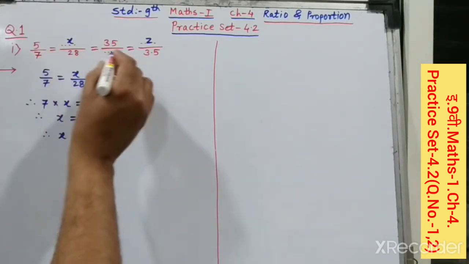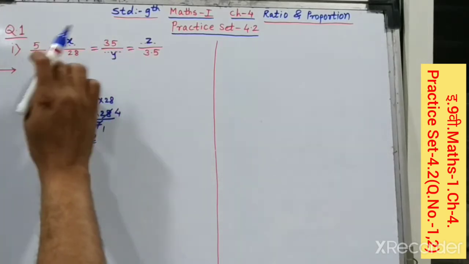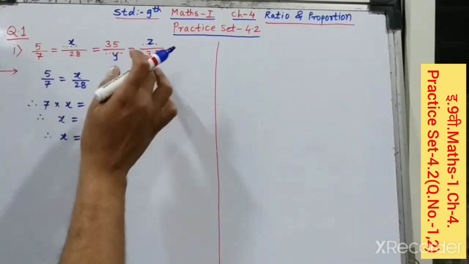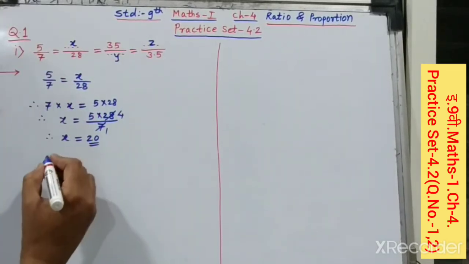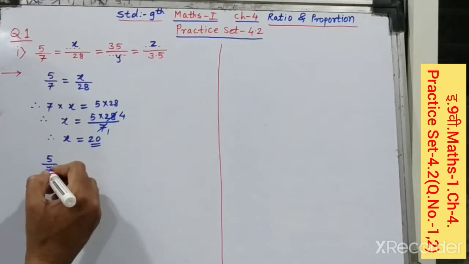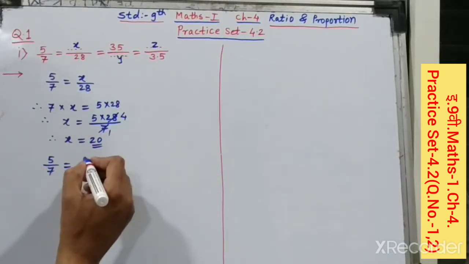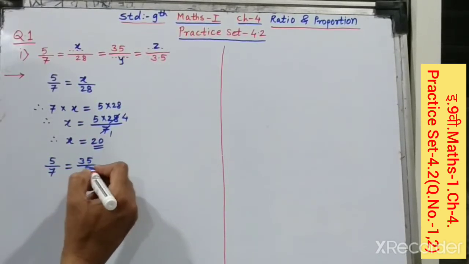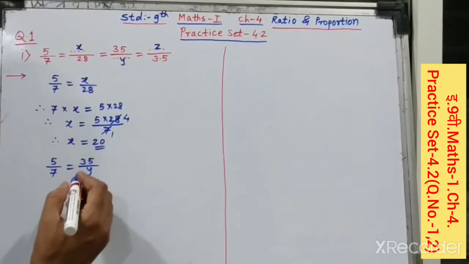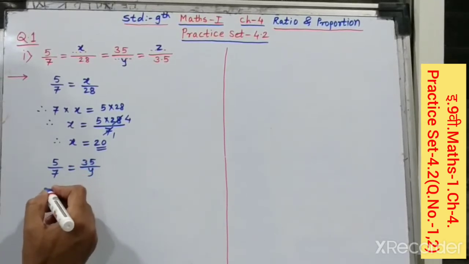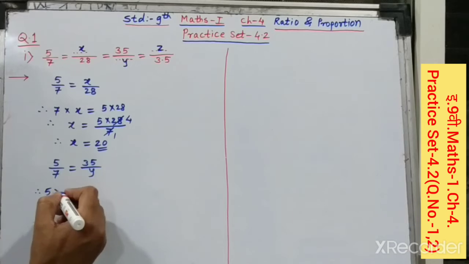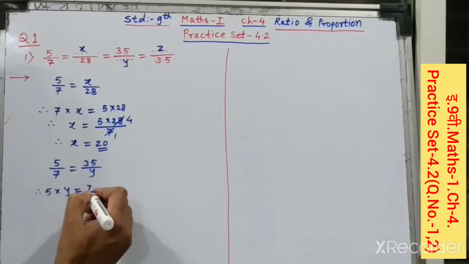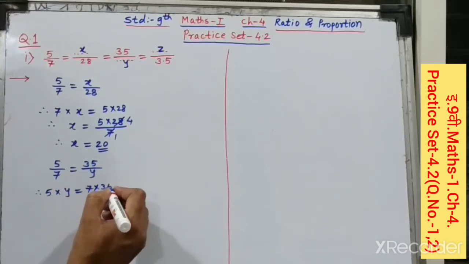Similarly, we can solve here. We can compare these two ratios because all the ratios are equal. So 5 upon 7 is equal to 35 upon y. Now again take the cross multiplication here. So 5 into y is equal to 7 into 35.